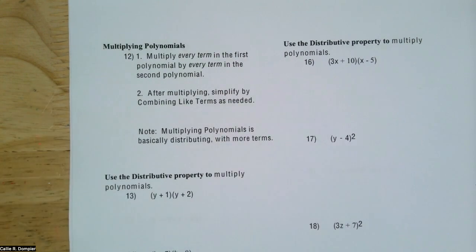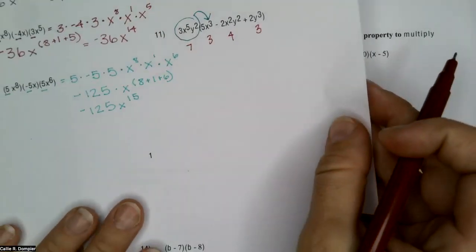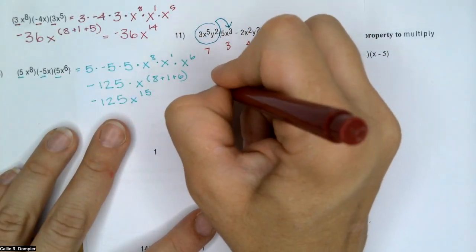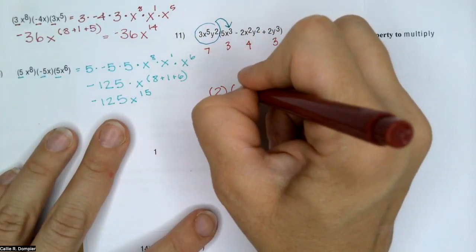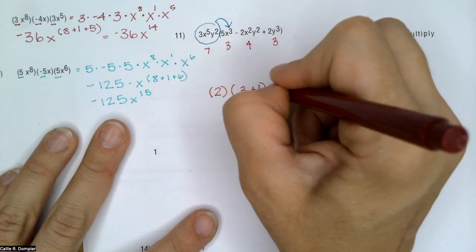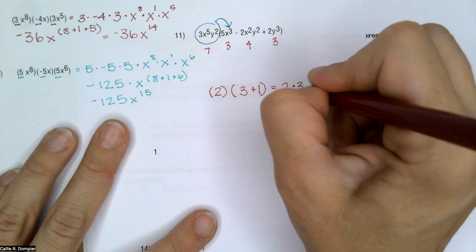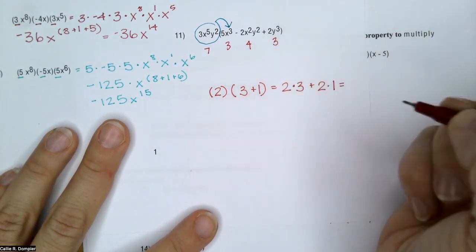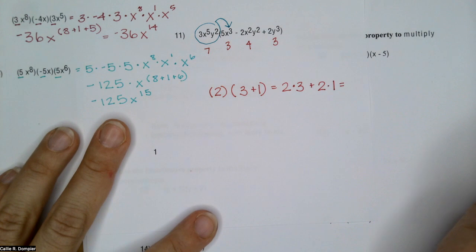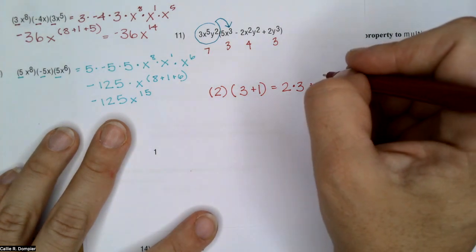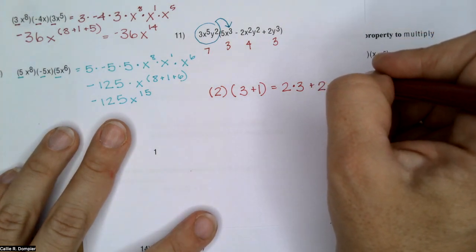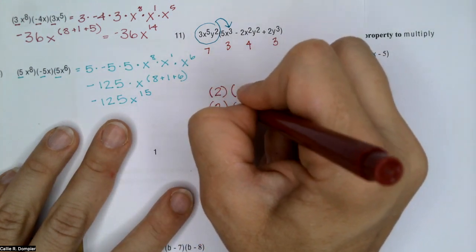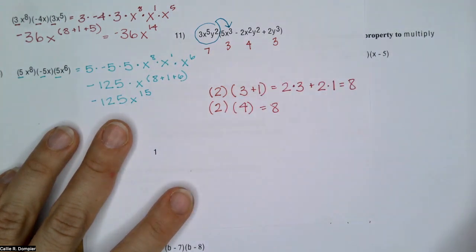So if before we had 2 times 3 and 1 equals 2 times 3 plus 2 times 1, right? 2 times 3 is 6. 2 times 1 is 2, 6 plus 2 equals 8, right? Which is the same as 2 times 4, also 8.